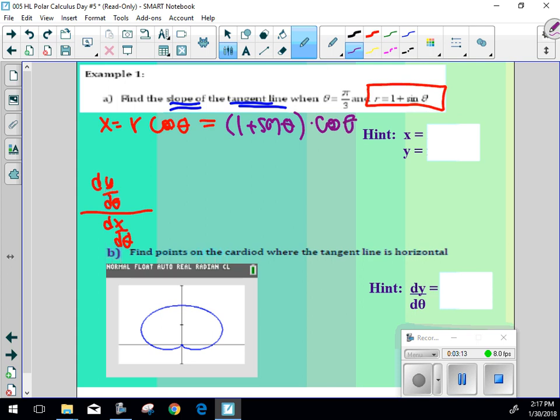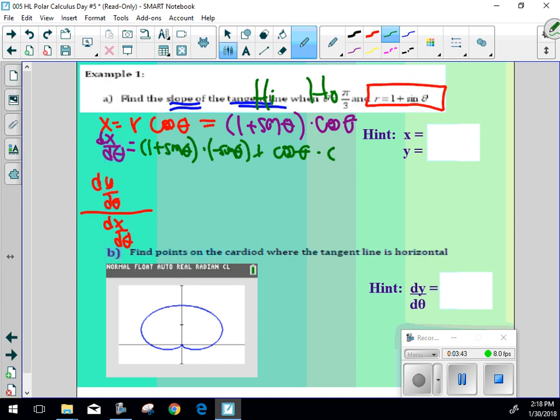So now when I take the derivative, dx d theta, do you see the challenge? Do you see what the problem is going to be? Right? Little hi-ho. So we're going to go hi, 1 plus sine theta. D ho is negative sine theta. Plus ho, which is cosine theta.